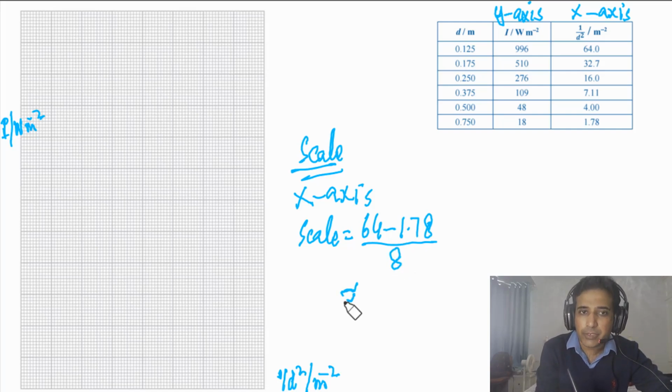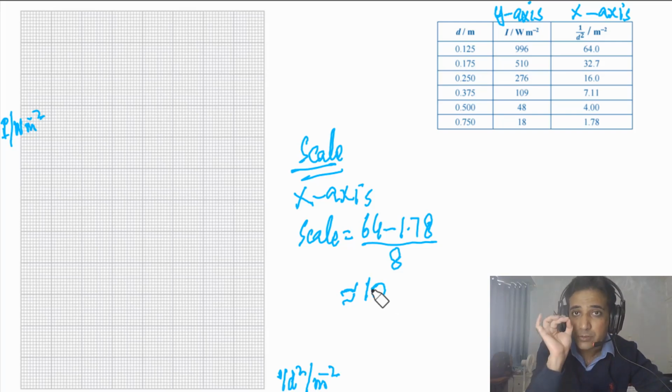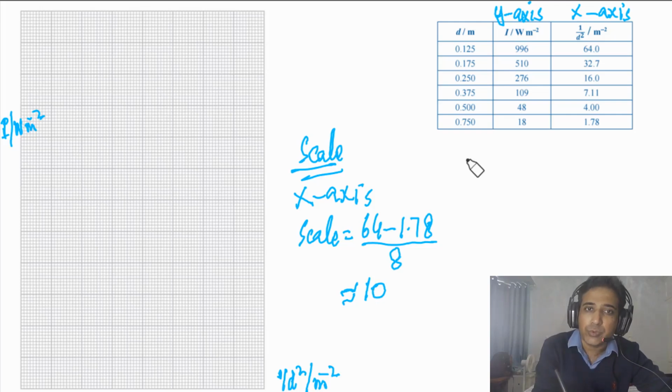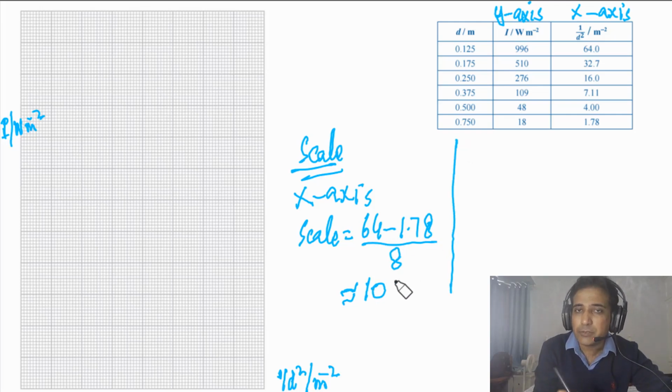Approximately, for example, 70 divided by 8, around 10. You have to choose a convenient number. So in this case, 10 is the convenient one. Actually, if we divide this, it will be smaller than 10. But we have to choose a convenient number so you can sketch the graph easily.